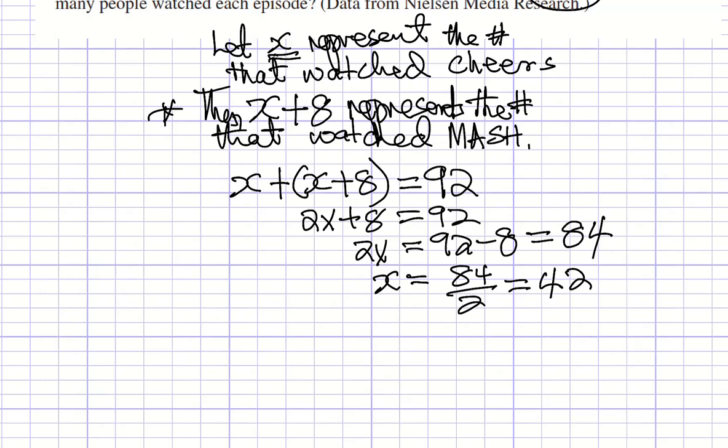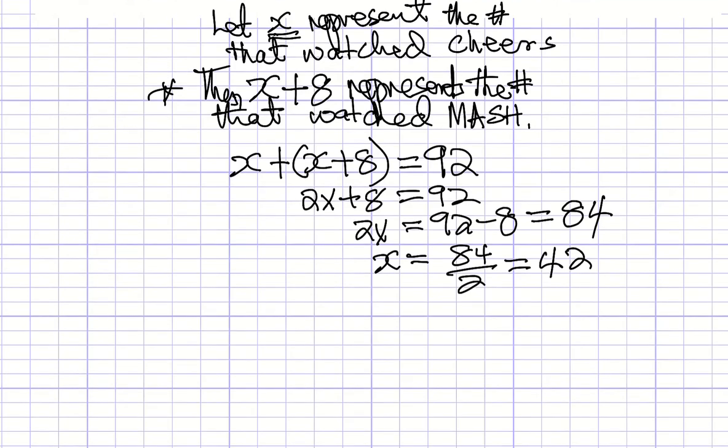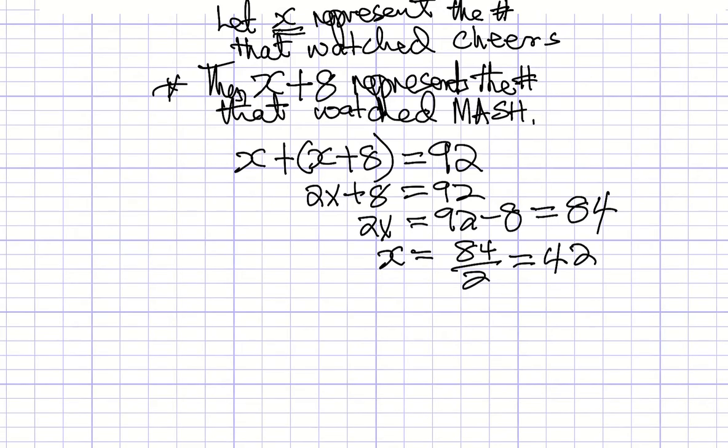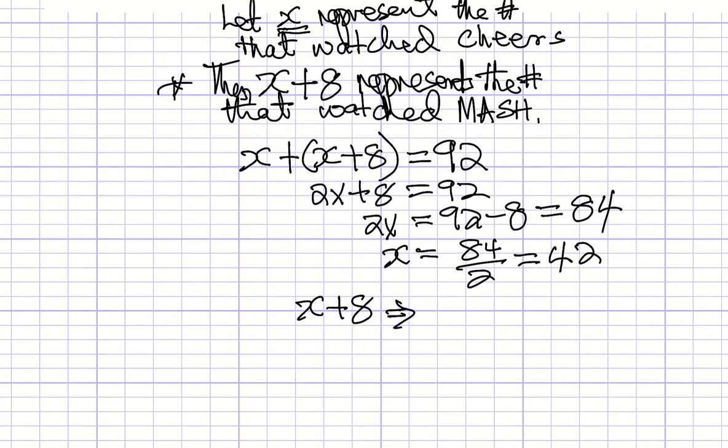You get the number that watched MASH. So x plus 8 equals 42 plus 8, which is equal to 50.